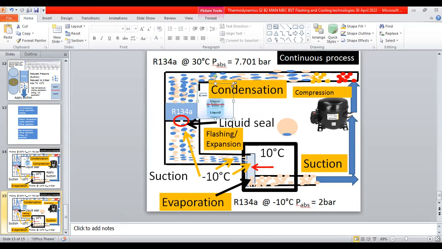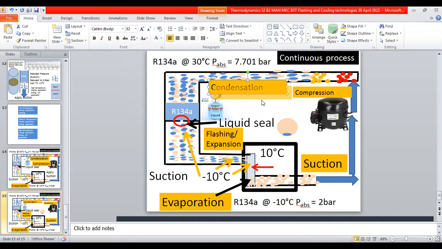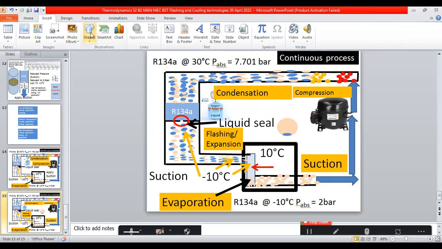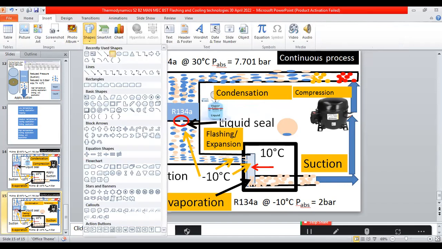Put this picture somewhere. So you can see the low pressure side. See R134 at -10, 2 bar. At 30, two phase again, same like here, 7 bar. So you have a high pressure side and low pressure side.